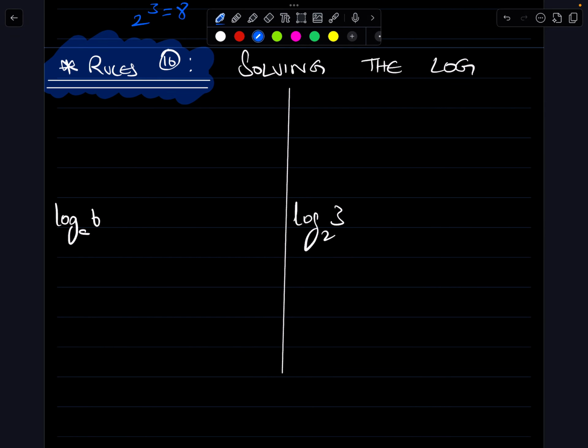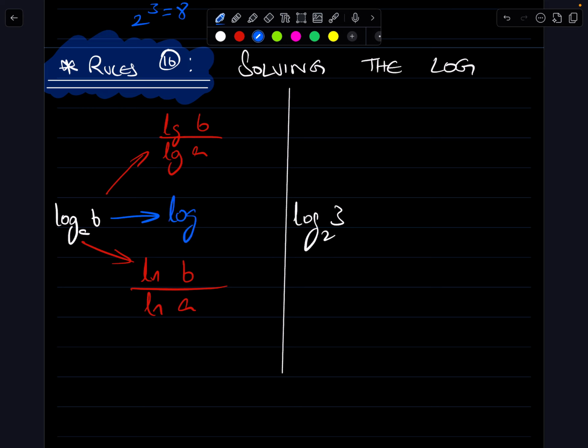Then rule number 16 is solving logs. You can either solve logs by using Lg in the numerator and denominator, or you can use this formula with ln in the numerator and denominator, or you can just simply use your calculator function, which is the most common method.